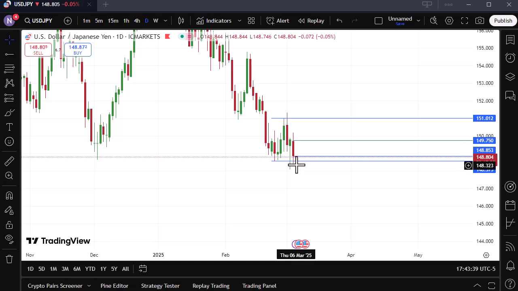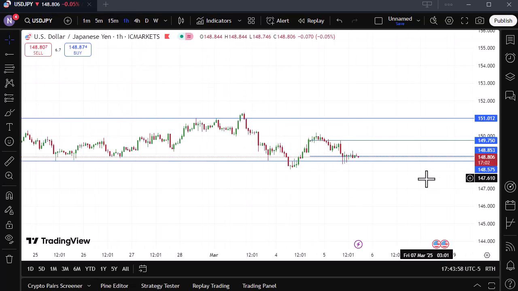That's the opening, and this is the closing. So let's draw down to 15 minutes or 1 hour, and we will identify our PDRAs or the liquidity on the 1 hour or the 15 minutes. Let's go first to the 1 hour.